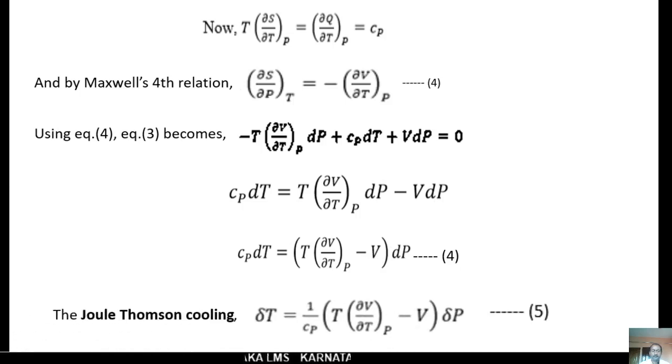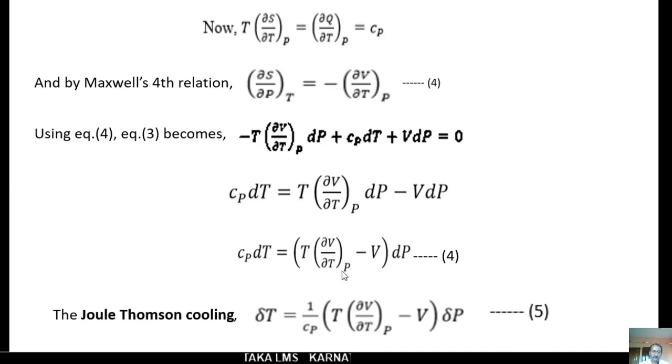The Joule-Thomson cooling, that is delta T, equals 1 by Cp. Here delta T is the cooling temperature, that is known as Joule-Thomson cooling. Just cross multiply Cp, then it becomes 1 by Cp into the remaining equation.